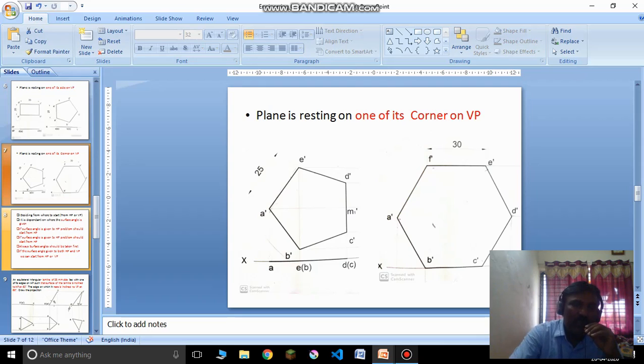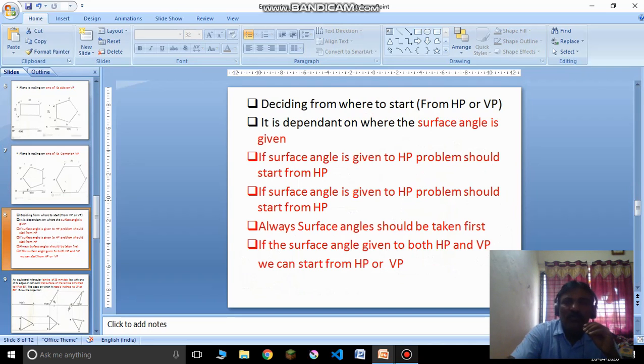Before solving a problem, when I look at it, these are the very important points you should know. First I should decide whether to start the problem from HP or VP. That is the main question. In the problem I always have to look for where the surface angle is given, whether to HP or VP.